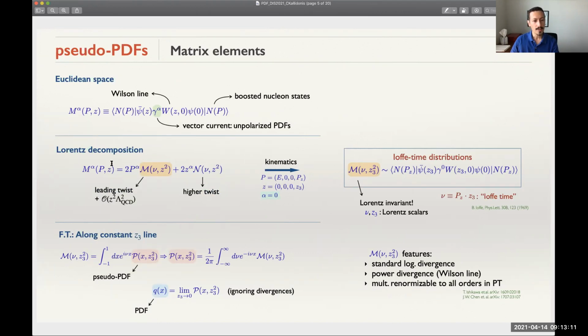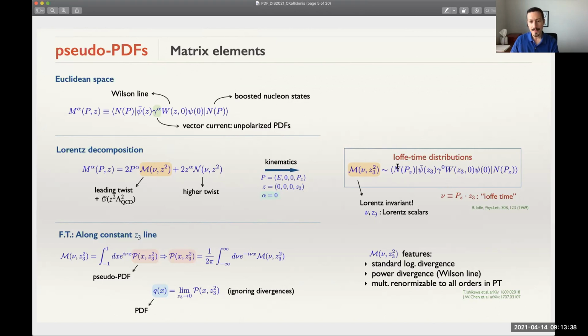One term contains the leading twist plus some residual higher twist contributions. And the second term is purely higher twist. And with a particular choice of our kinematics, which I show over here, and we also consider alpha equals 0 so that we get the gamma 0 matrix element over here, we can isolate the leading twist contribution.